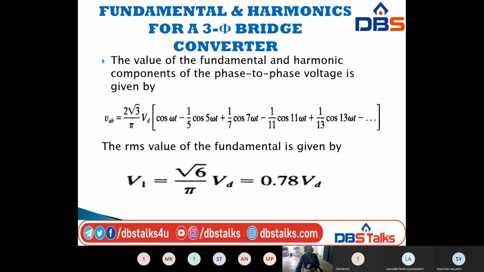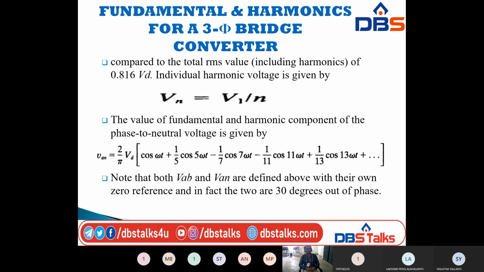Next, compare it to the total RMS value including harmonics, 0.816 VD. The individual harmonic voltage is given by Vn is equal to V1 by n. So this is the individual harmonic voltage formula, Vn is equal to V1 by n, compared to the total RMS value of 0.816 VD.